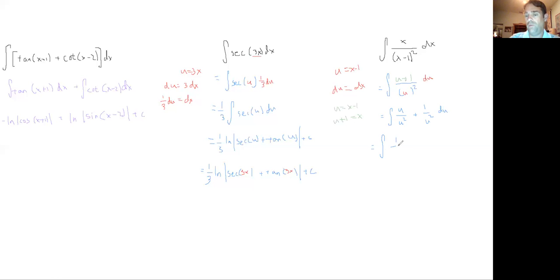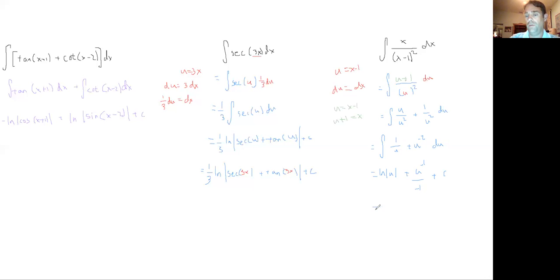By doing that, I can see how I'm going to have a 1 over u. So I'm going to have a natural log there. But notice on this one, this is going to be a natural log and a power rule put together, which is kind of cool. So natural log of u, that's the first part. And then the second one, add 1 to my exponent and divide by it.